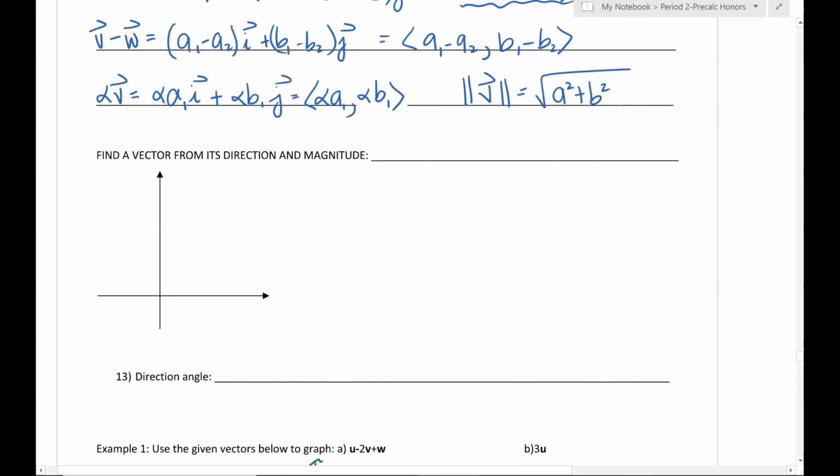Find a vector from its direction and magnitude. So if we have a vector v, and if we want to find a vector from its direction and magnitude, then here's the formula.